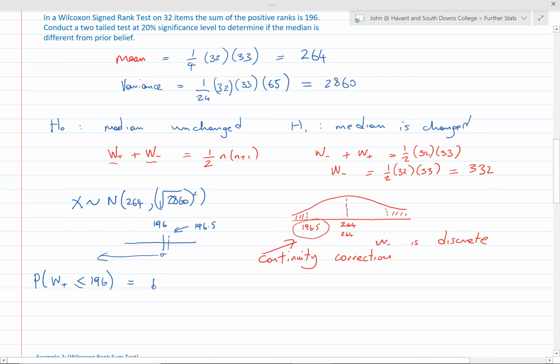So that gives us the probability that X is less than 196.5. It's arbitrary, now that I'm with the normal distribution, whether I have a strict or non-strict inequality, but I've written it like that. So now we can use a calculator.